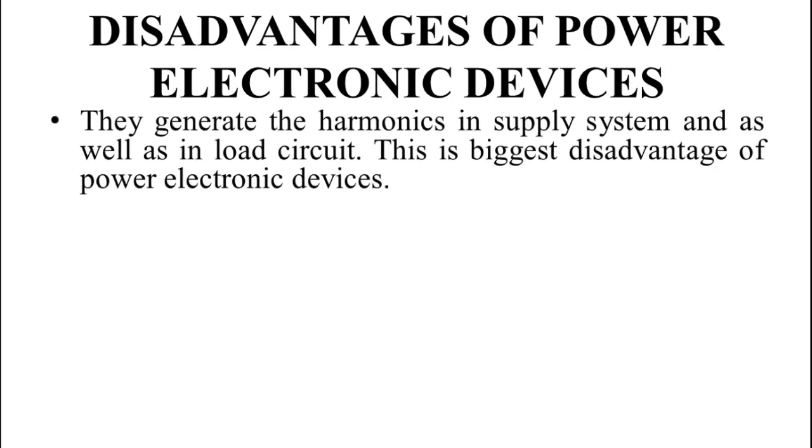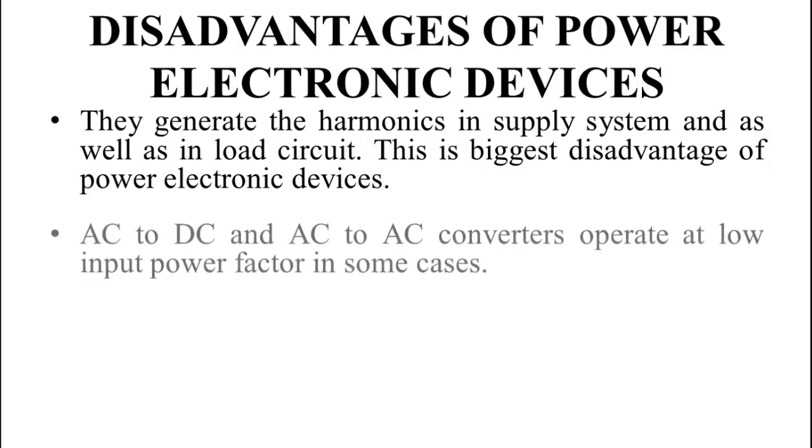Now, the disadvantages of power electronic devices. The biggest disadvantage of power electronic devices is the harmonics. They generate harmonics in the supply system as well as the load circuit. This is the biggest disadvantage of power electronic devices.